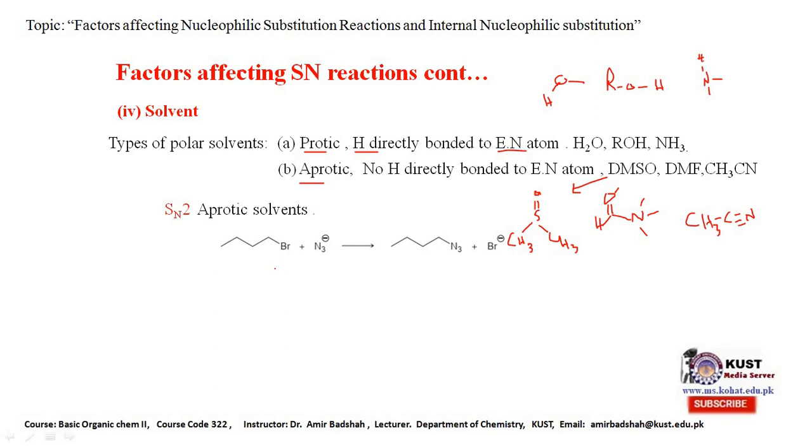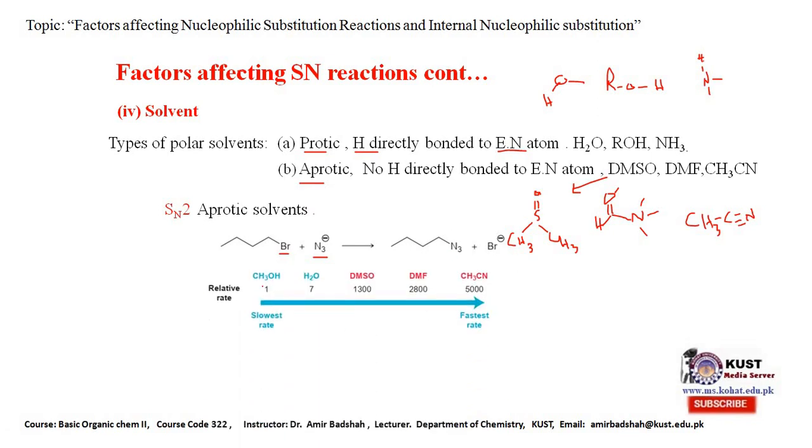As we have discussed in the effect of substrate on nucleophilic substitution, primary halide favors the SN2 reaction. Here bromine is the leaving group and the azide group is the nucleophile. So the position of this bromine is taken by the azide group. It follows the SN2 mechanism. Now we study the effect of solvent on the rate of this chemical reaction.